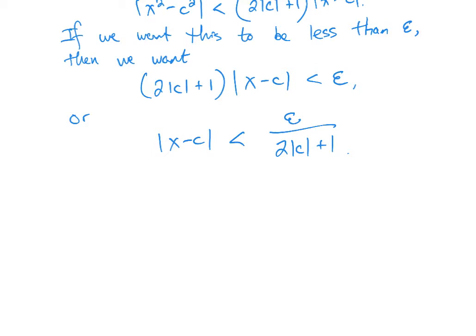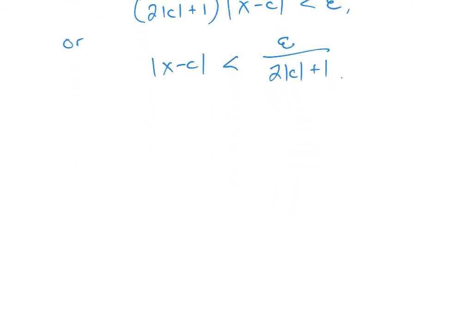This is exactly what we want. We've got a condition on how close x needs to be to c in terms of epsilon and the absolute value of c, which again is just a constant. We don't care about it. It's not scary. So now we've done all of our calculation. Let's do the proof.